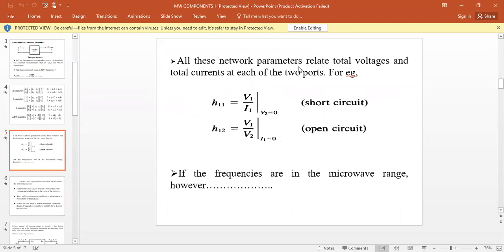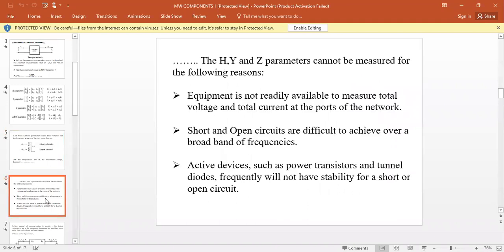So all these networks are related to total voltage and currents in a two-port network. If you consider H11 equal to V1 by I1 and H12 equal to V1 by V2, then one is short circuit and the other is open circuit. So at high frequencies, this does not work, and we cannot measure for the following reasons. The equipment is not readily available to measure the total voltage and total current at the port of the network.